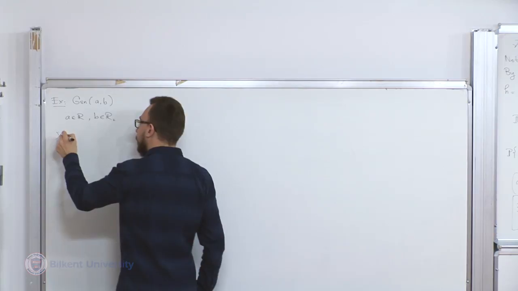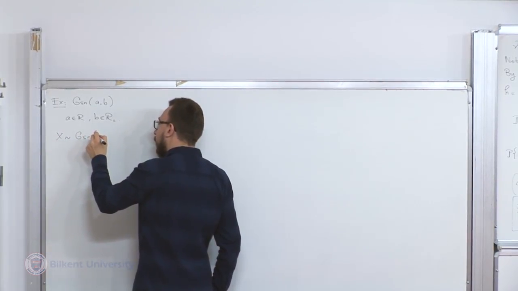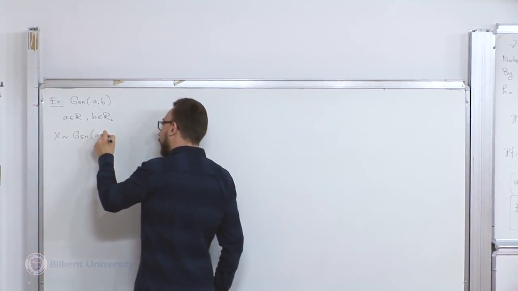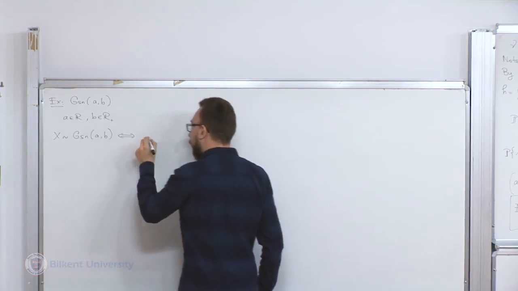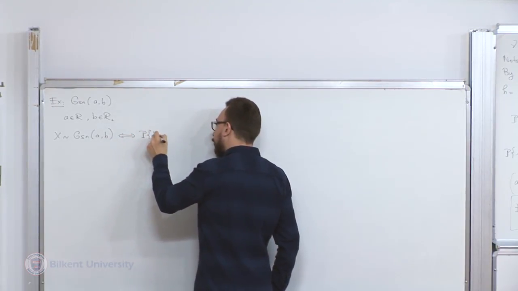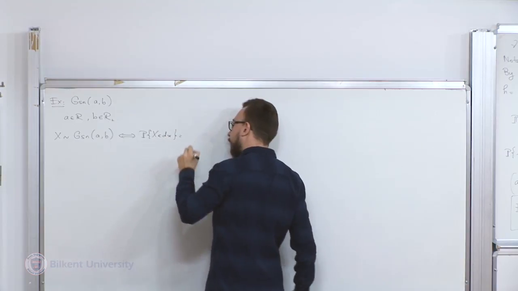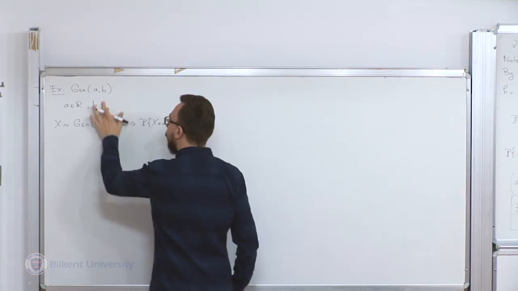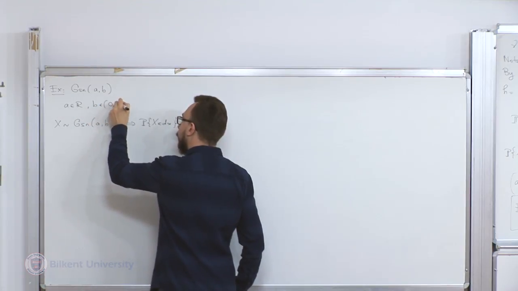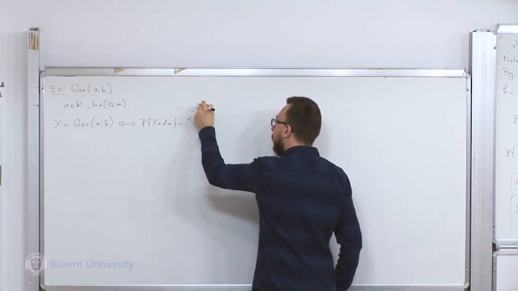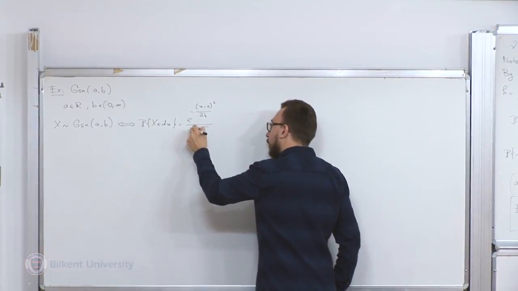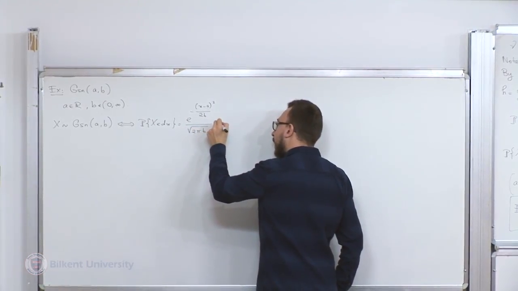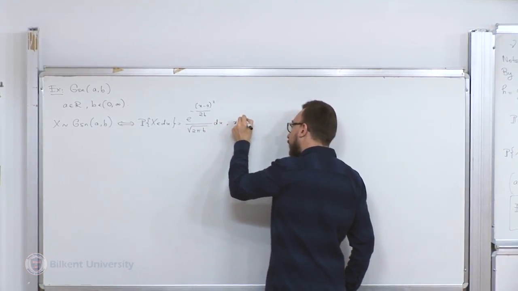So we say x has the Gaussian distribution with mean a and variance b if and only if its density has the following form: e to the negative x minus a squared over 2b, over square root of 2 pi b, dx, and x is in the real line here.